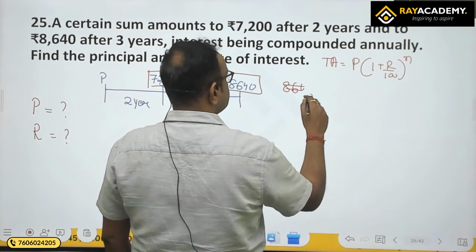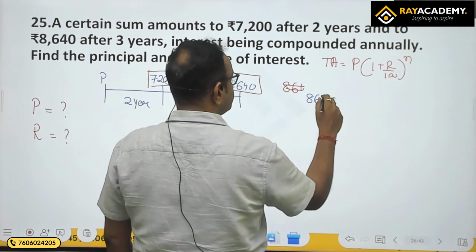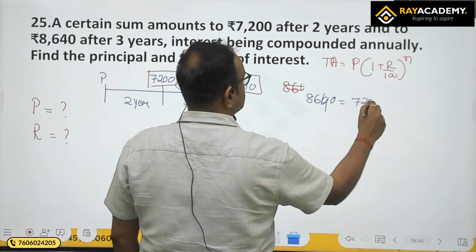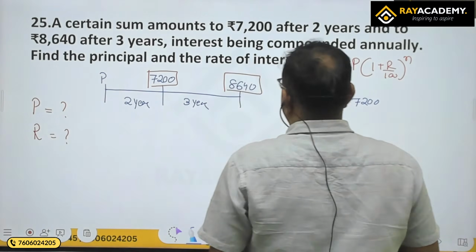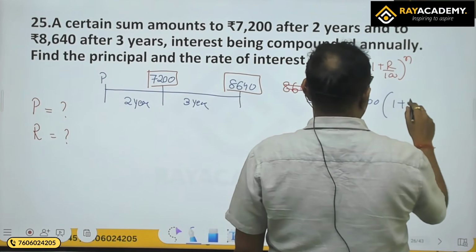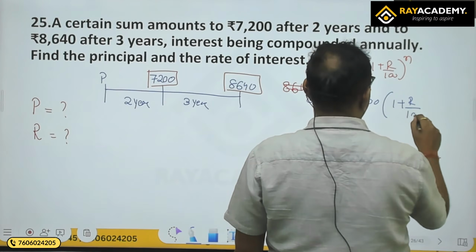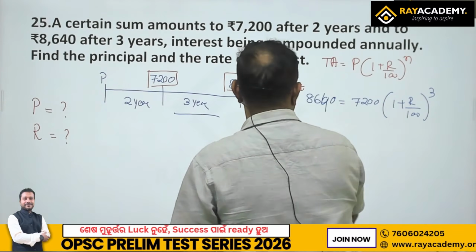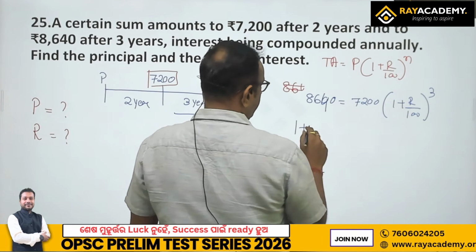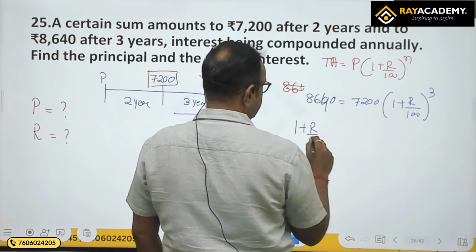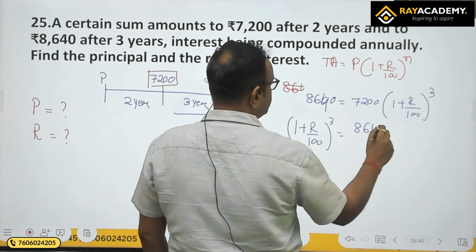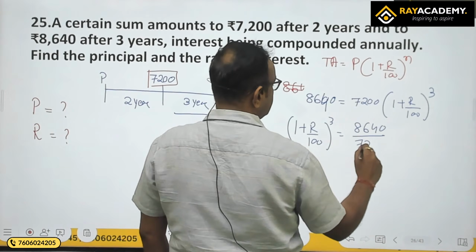So 8640 equals 7200 into 1 plus r by 100 to the power cube. This is 3 years. So 1 plus r by 100 to the power cube equals 8640 divided by 7200.